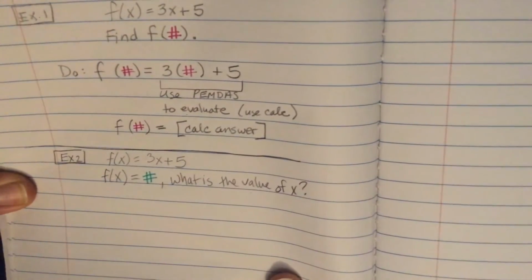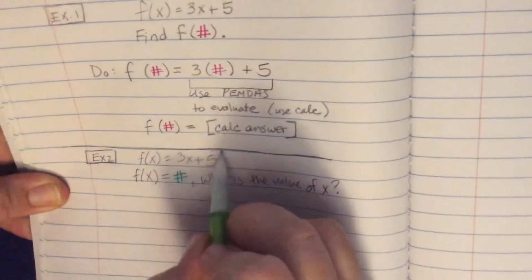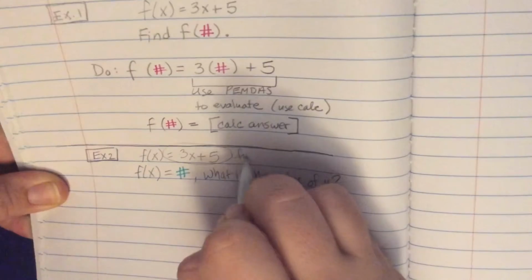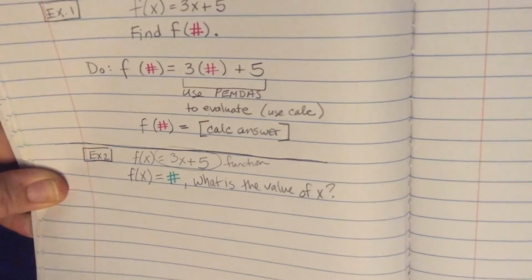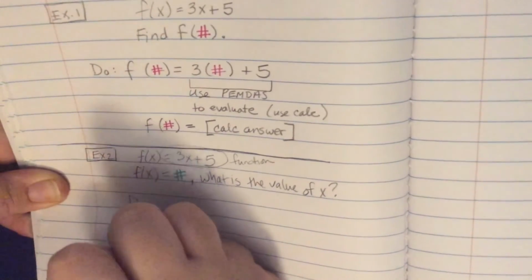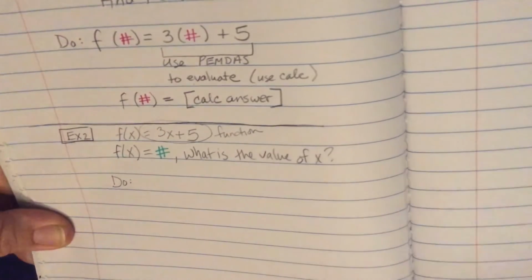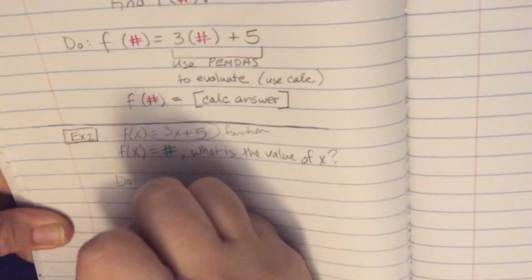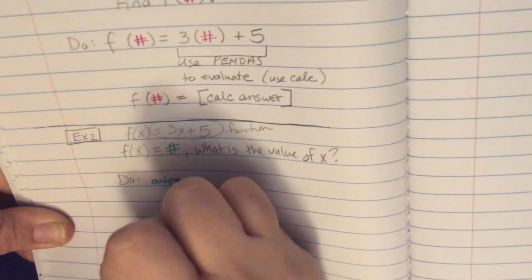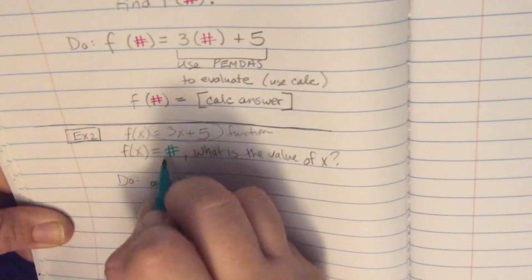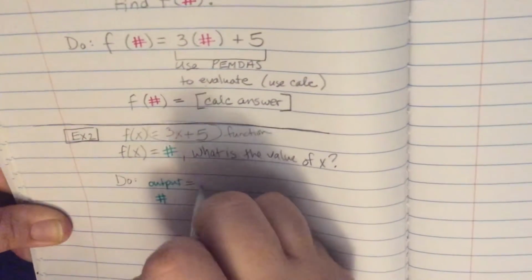Okay. So you get a question that looks like this. This is my function right here. What I'm being asked to do is make myself an equation that says the output, that same number that I saw up here, is equal to the function.